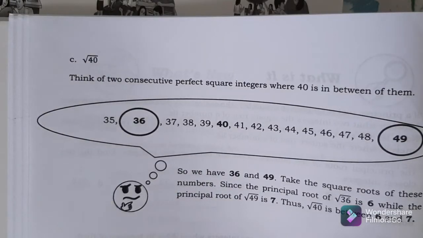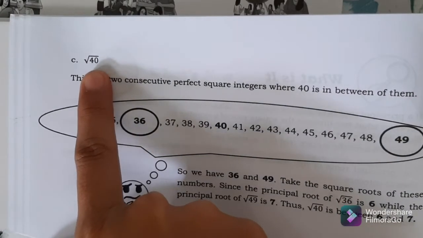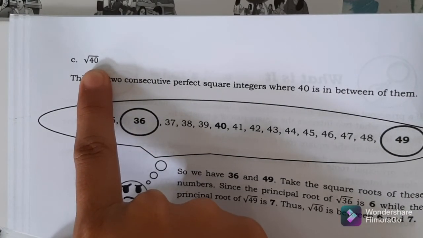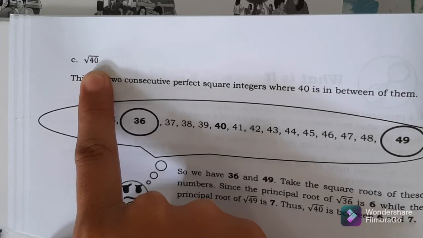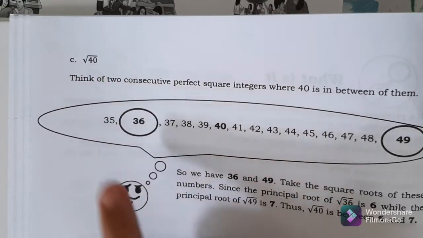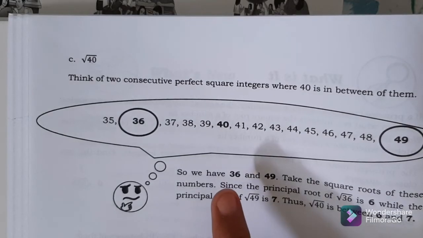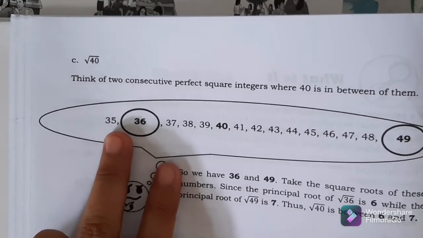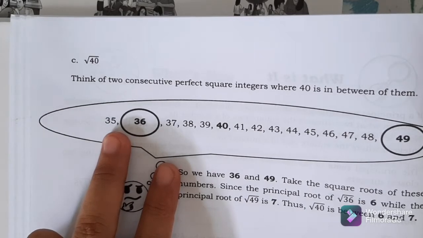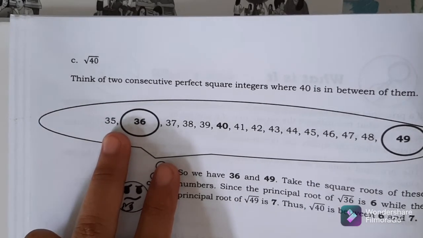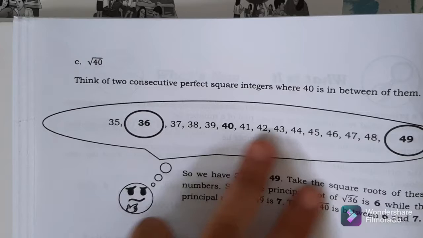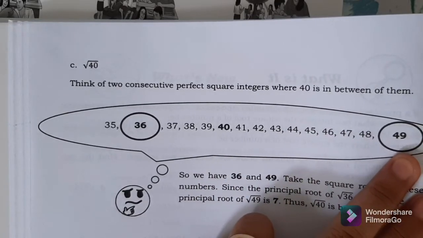Another example, square root of 40. So what two consecutive perfect square integers where 40 is in between of them? So again, i-list down natin yung numbers. So we can start with 35 or pwede kayo mag-start sa 30 and then after makarating kayo sa another perfect square.